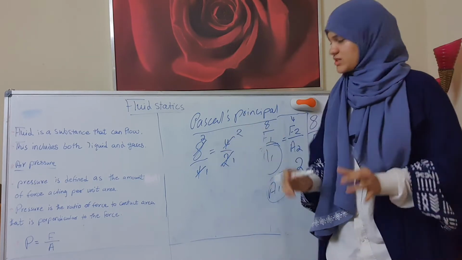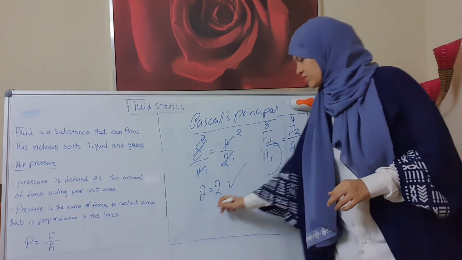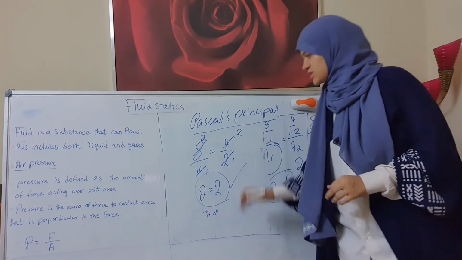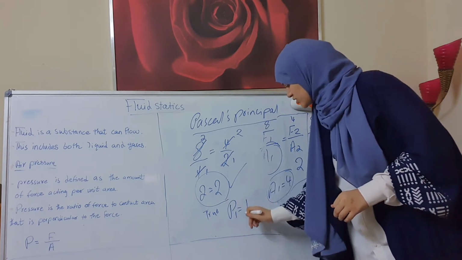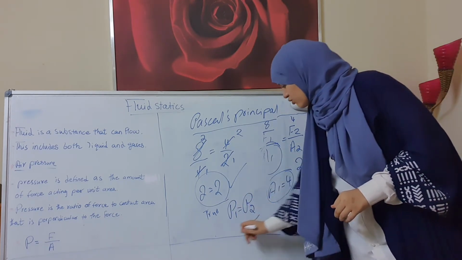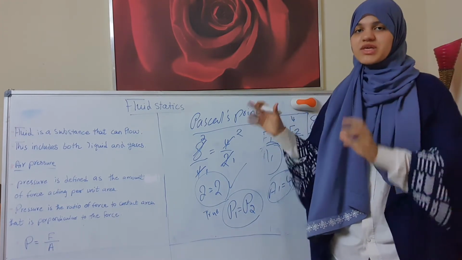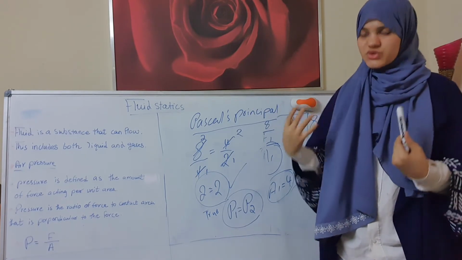That means 2 is equal to 2, so the answer is correct, it is true. That means P1 is always equal to P2. Now let's see an example to solve a question.